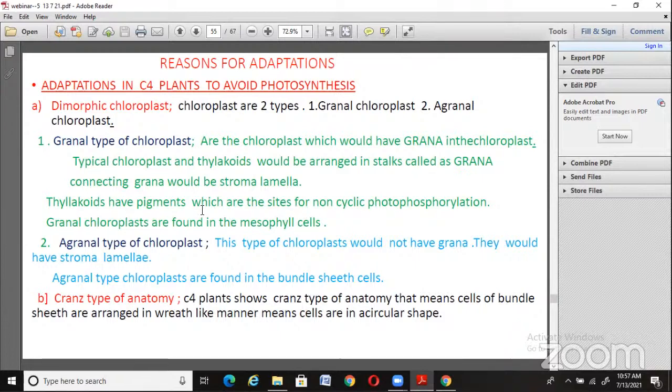Thylakoids help in storing the pigments. And grana chloroplasts are usually found in mesophyll cells.